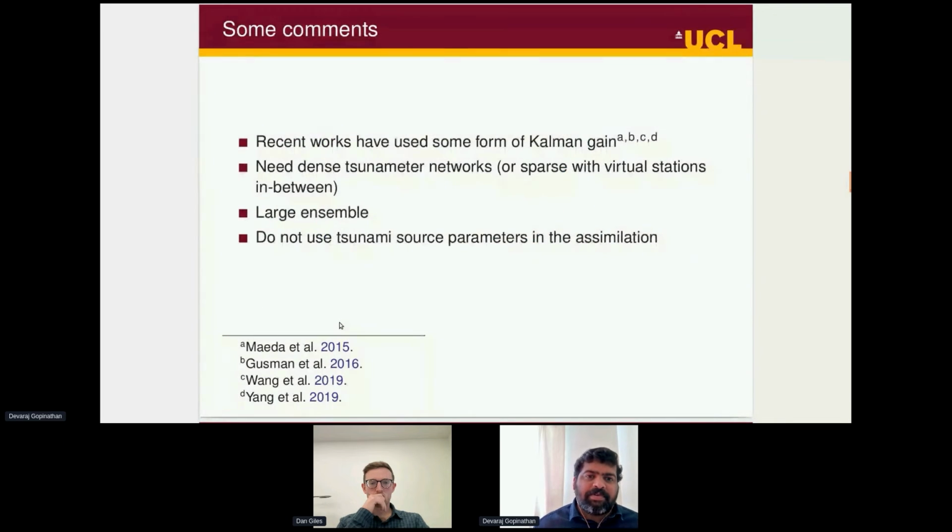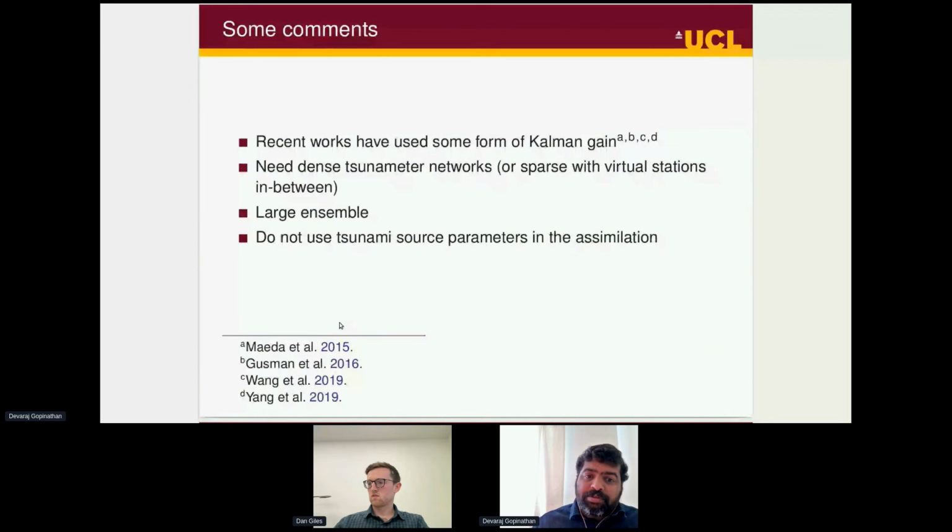Okay, so there have been recent works which have used some kind of Kalman gain, optimized way, reduced order, but all these problems need a dense tsunameter networks or the sensors that you saw. And they also need a requirement of a large ensemble size, usually hundreds or more than that.